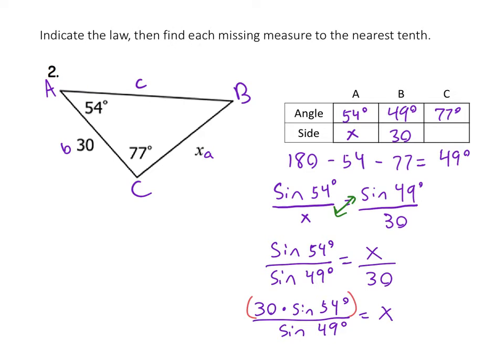So I'm going to put this in the calculator, and I got 32.15874088. All right, too many digits. We need the nearest tenth, so that is 32.2. So that's what the X value is.